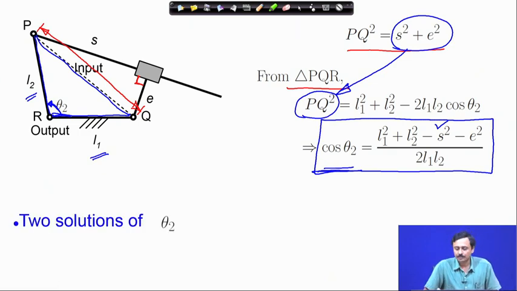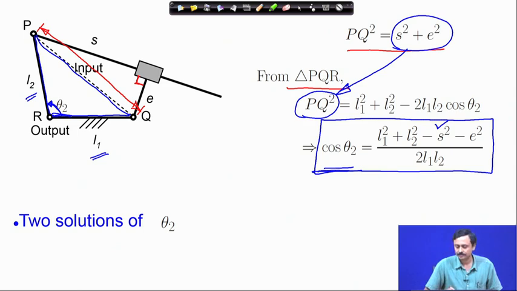So, we have two solutions of theta 2 obviously. So, we can find these two solutions and let us try to understand these two solutions. So, we get theta 2 as cosine inverse of the right hand side.